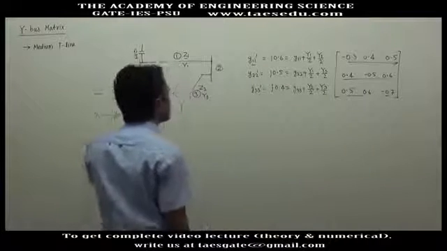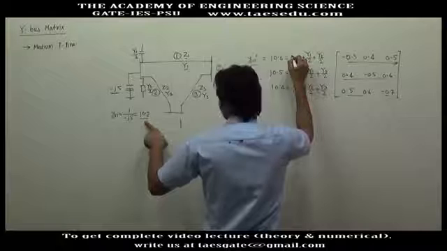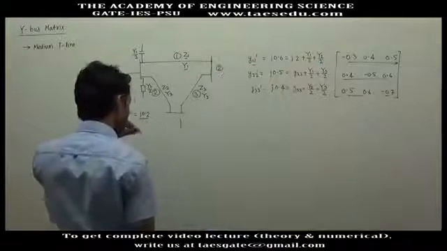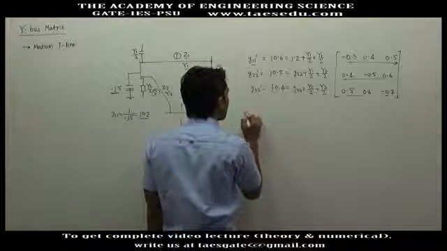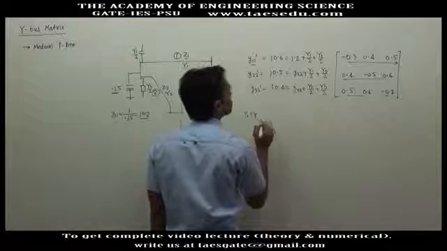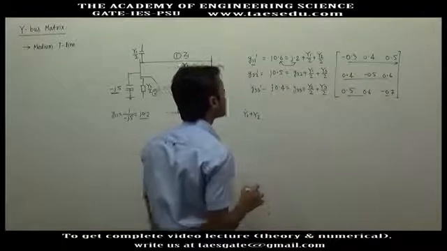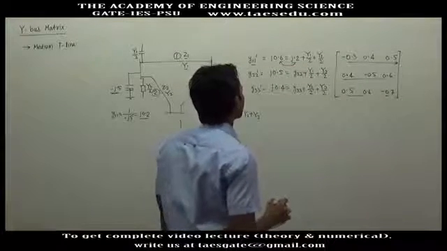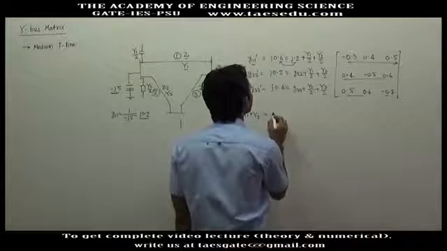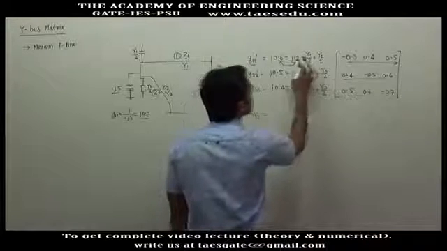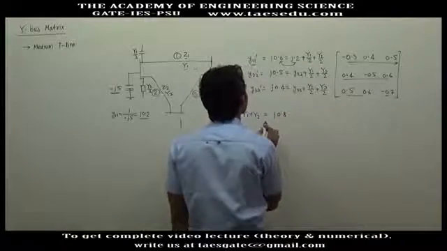Now Y11 is given as j0.2, so from here we will get y1 plus y2. If you subtract, you will get j0.4, so y1 plus y2 will be j0.4 into 2, j0.8.